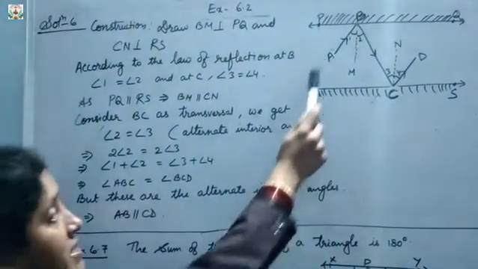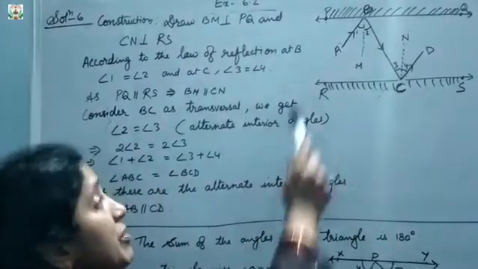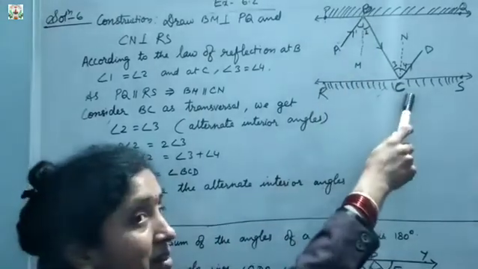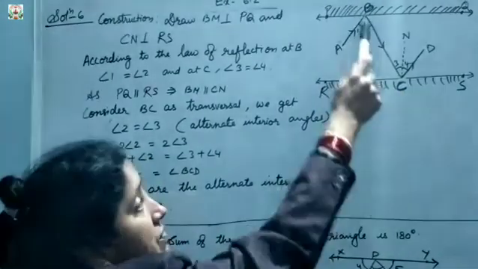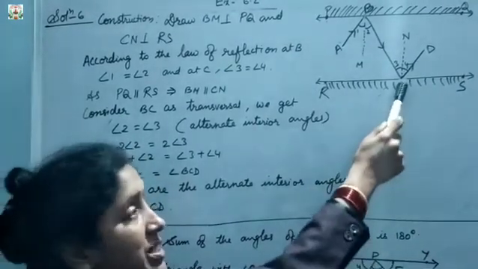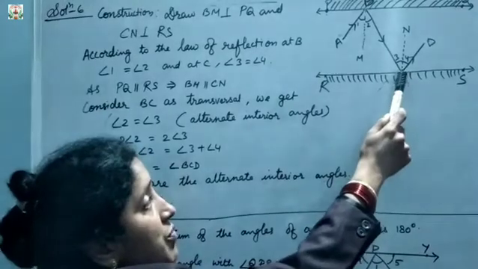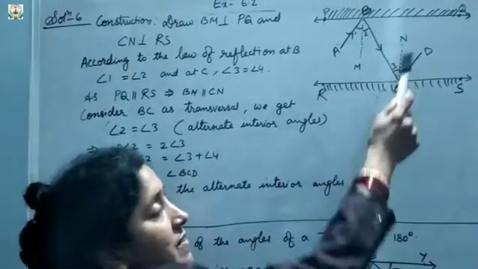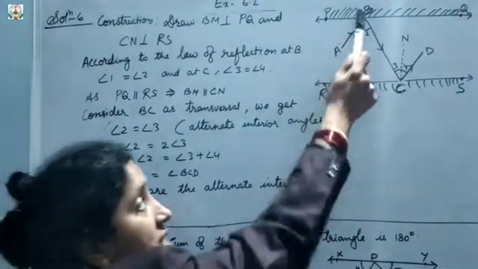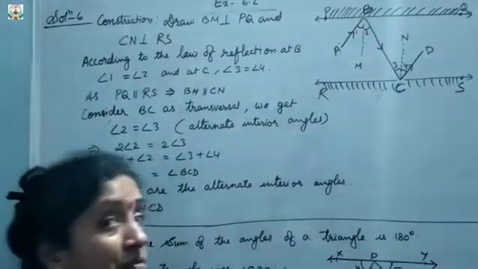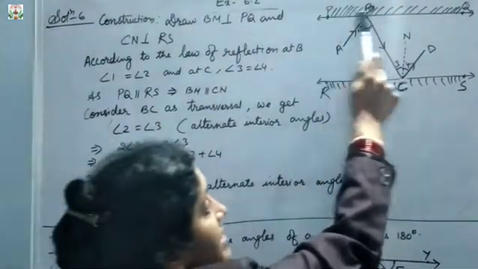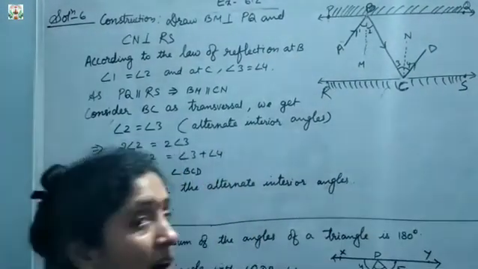This AB is the incident ray which strikes mirror PQ and reflects back, and touches mirror RS at point C. From here it again reflects back, so CD is the reflected ray. AB is the incident ray and CD is the reflected ray. It is given that PQ is parallel to RS.